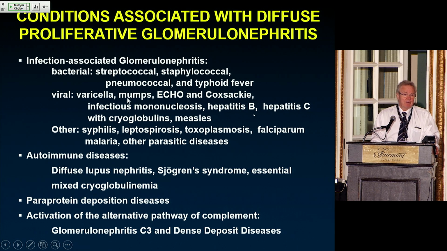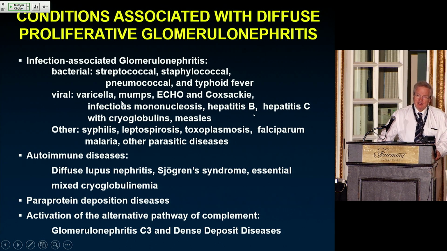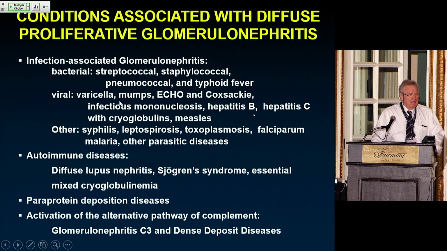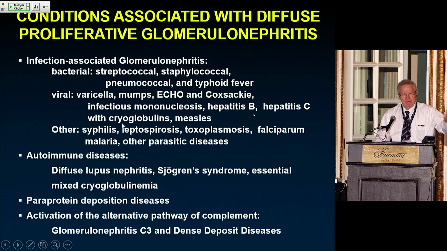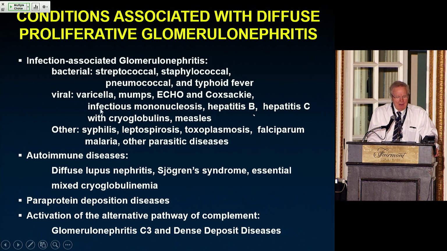So diffuse exudative glomerulonephritis, or glomerulonephritis with diffuse hypercellularity, can occur with any form of bacterial infection. Recently, I had a case of a patient, developed from the children, who developed fifth disease due to parvovirus, and we have parvovirus immune complex diseases as well. So with bacterial infections, don't limit yourself to streptococcal infections. Any number of viral diseases, you're well familiar with hepatitis B and hepatitis C, with or without cryoglobulins, and other diseases can give you this also.